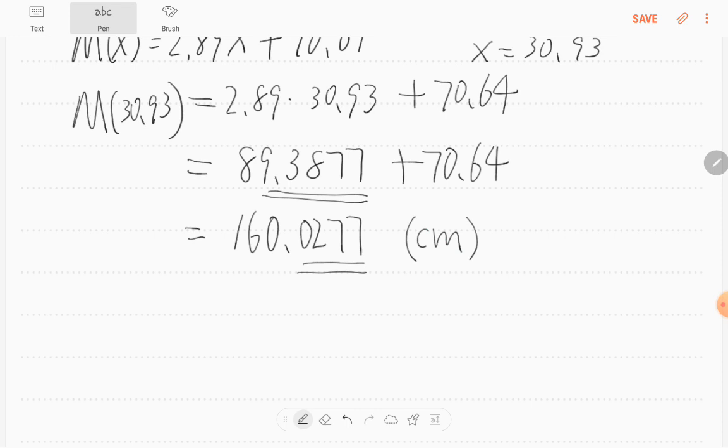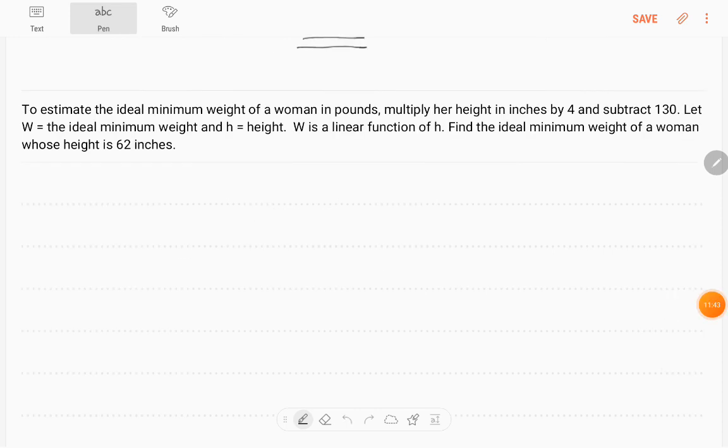Let's look at another one. In this problem, we want to estimate the ideal minimum weight of a woman in pounds. How to estimate? We use the following rule. We multiply her height in inches by 4 and subtract 130.